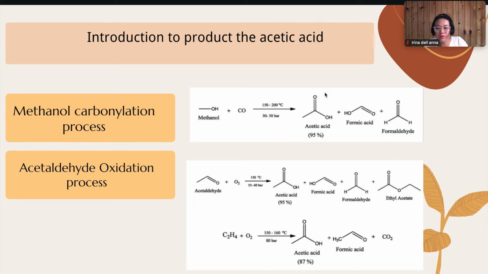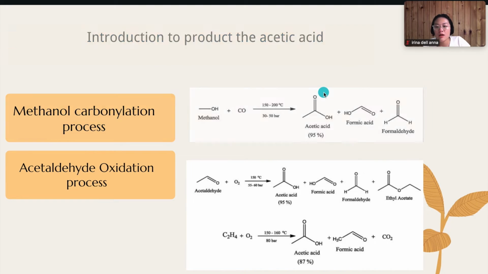Oxidation is another main process for the synthesis of acetic acid, in which acetaldehyde is first prepared by the oxidation of acetylene with palladium and copper chloride, and then further oxidized to acetic acid.